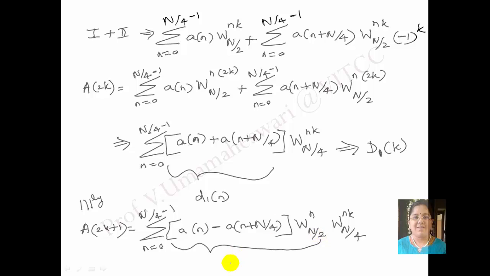Now another new signal is introduced. Let it be D2 of n. So A of 2k plus 1 will be D2 of k.